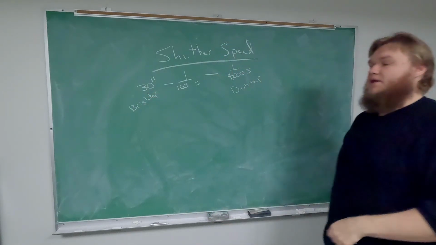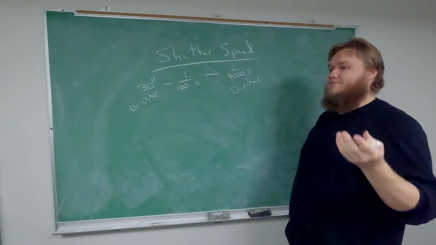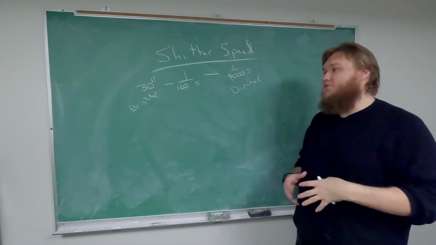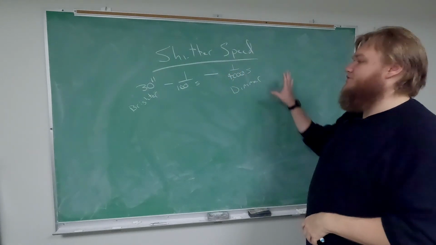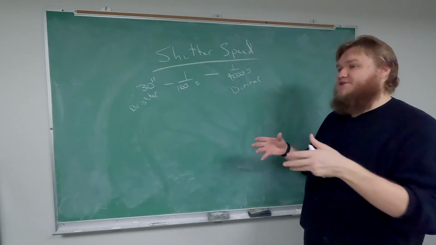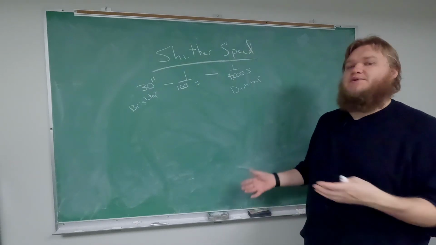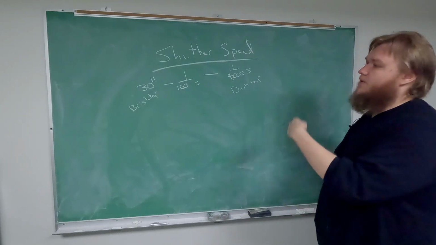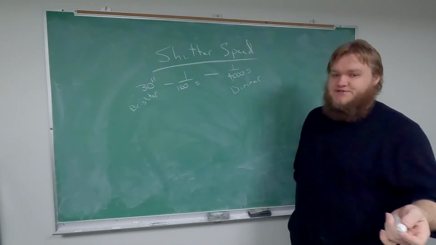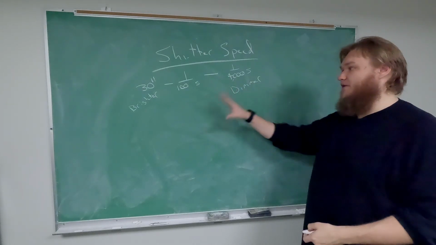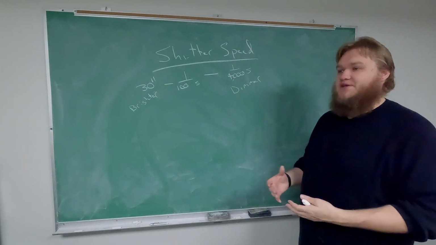Just as with ISO, the other parts of the triangle do affect the shutter speed that we need, and therefore part of the shutter speeds we can use is determined by what we set the other things to. So when it comes to shutter speed, unlike ISO, we don't have an effect of noise based on how long our shutter speed is.